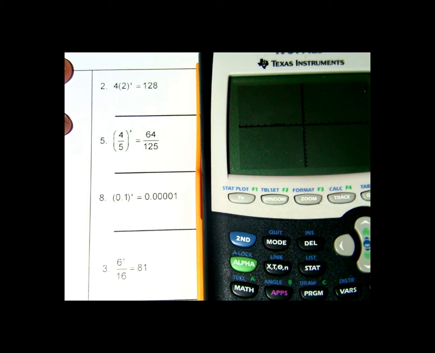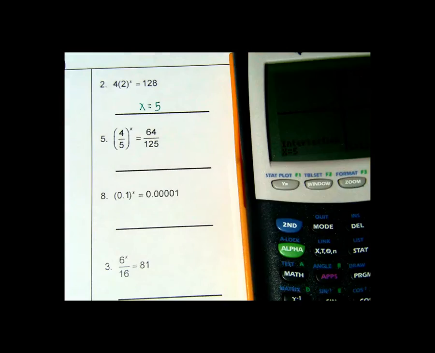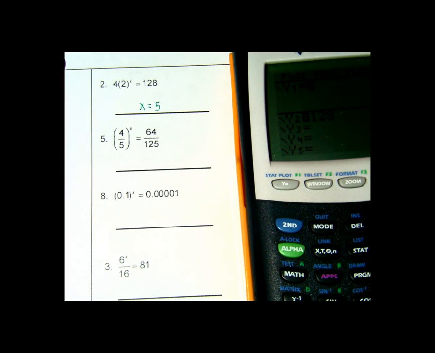Wait. 1, 2, 3. x equals 5. y equals, clear them out. 4 fifths to the x.